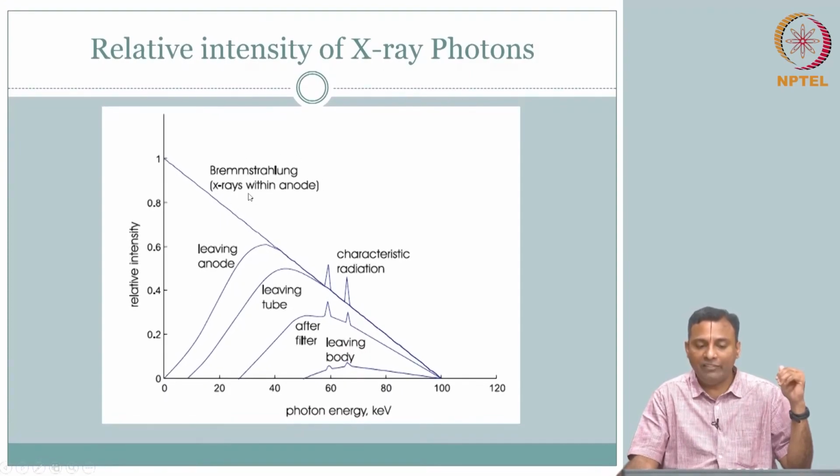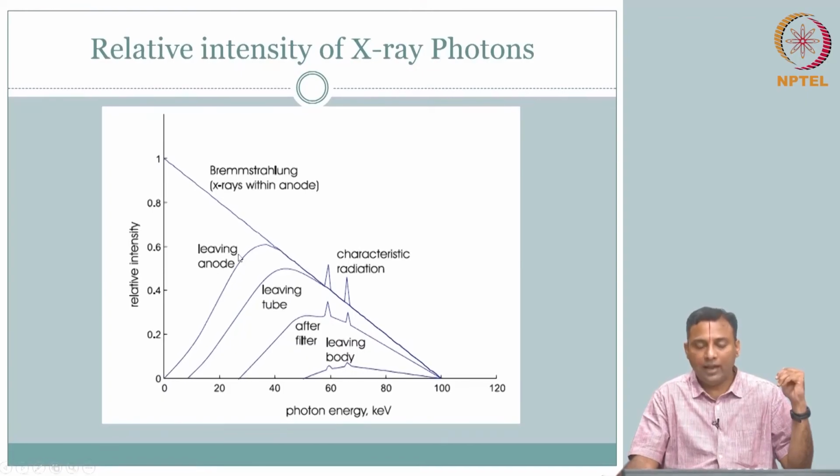However, before it can leave the anode, the low energy photons are absorbed by the anode itself, right. So, progressively what is leaving the anode does not have low energy. In fact, the number of photons with low energy is less, and only X-ray photons that have higher energies are leaving the anode, right. So, this is at the anode.